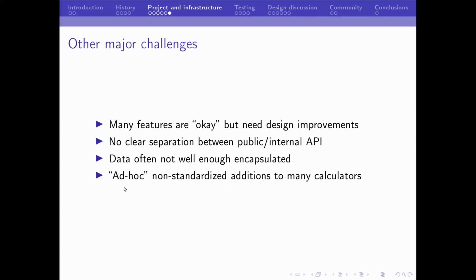And the final one is that the ASE calculator interface is mostly thought as a way to communicate about forces and energies and a few other things that this code might produce. But DFT codes are so different, it's not so easy to make a protocol that covers all use cases.